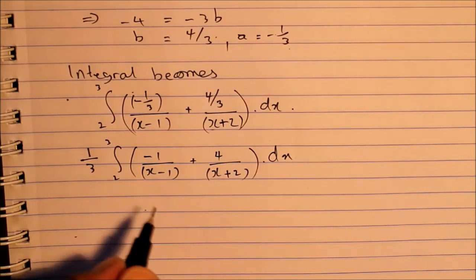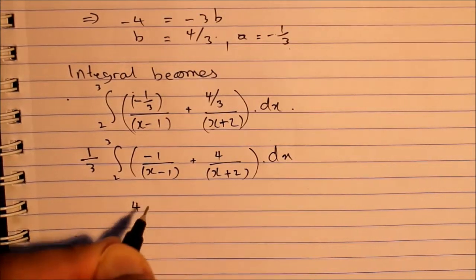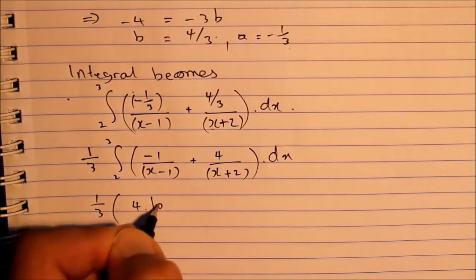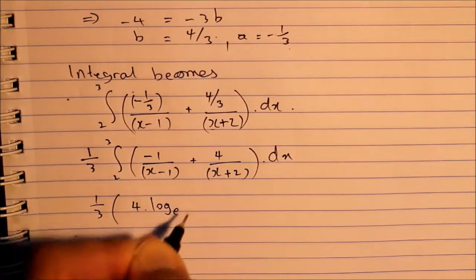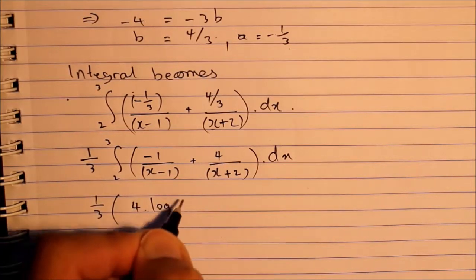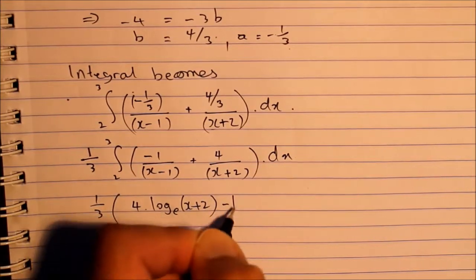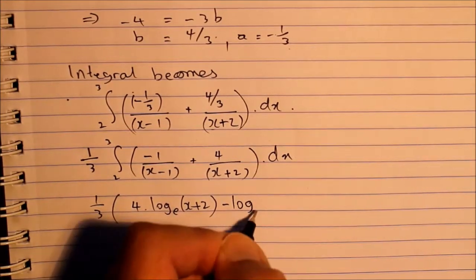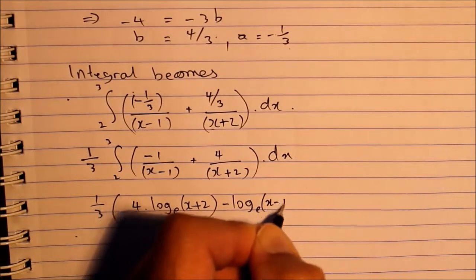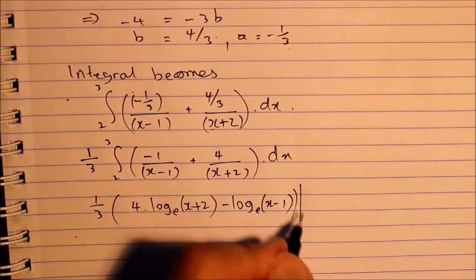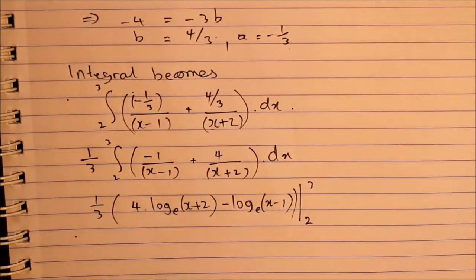I'll write this one first. Well, that's 4 by, there's 1/3 outside, 4 by log to the base e, I could have written ln, but I'll write log to the base e, x plus 2 minus log to the base e again, x minus 1, put a bracket there, and then just evaluate. We're going to evaluate that at 2 and 3.